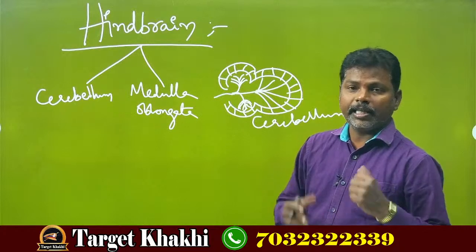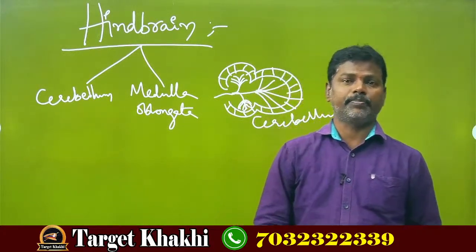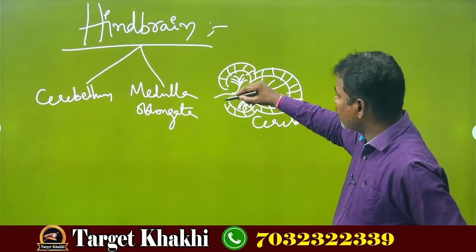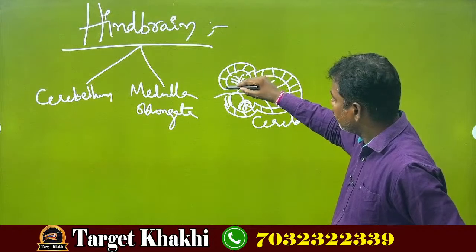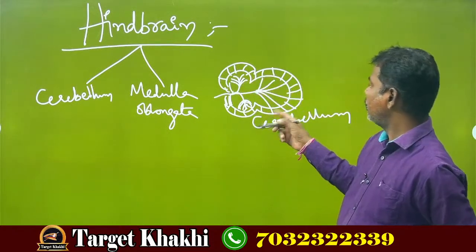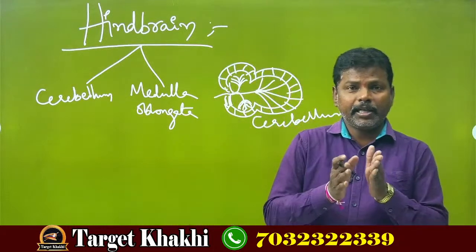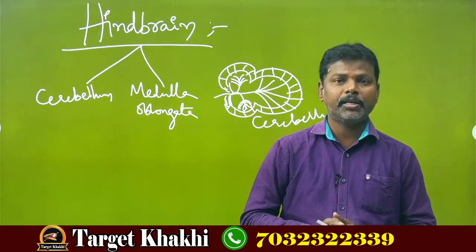But it helps in maintaining our body posture. It is present in a tree shape. I think you are seeing this tree shape. It helps in maintaining equal posture in our body, nothing but proper posture.